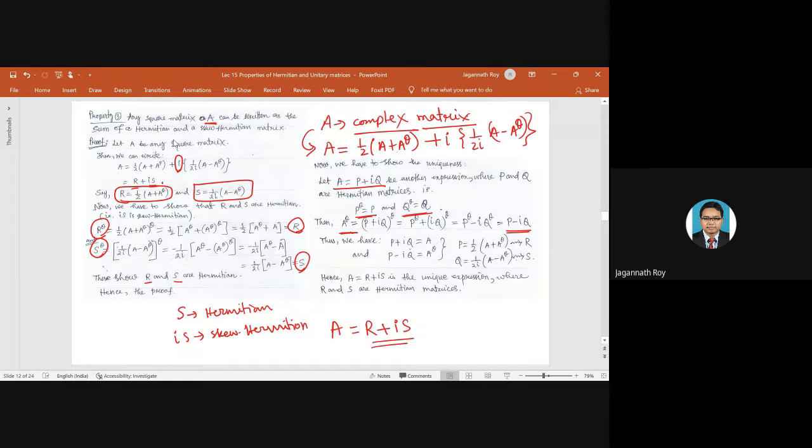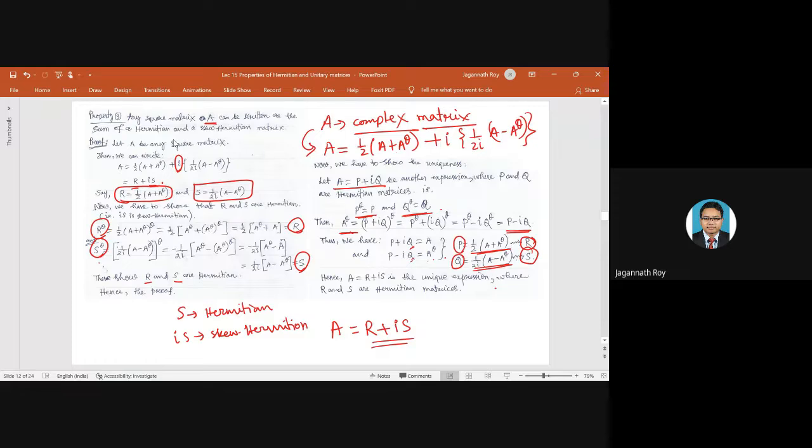Here you get P and Q of this form, which is nothing but the R and S that we defined earlier. So this is a unique expression.